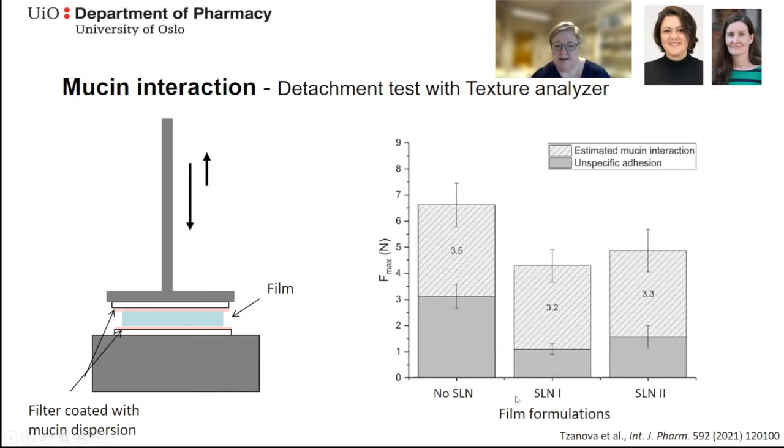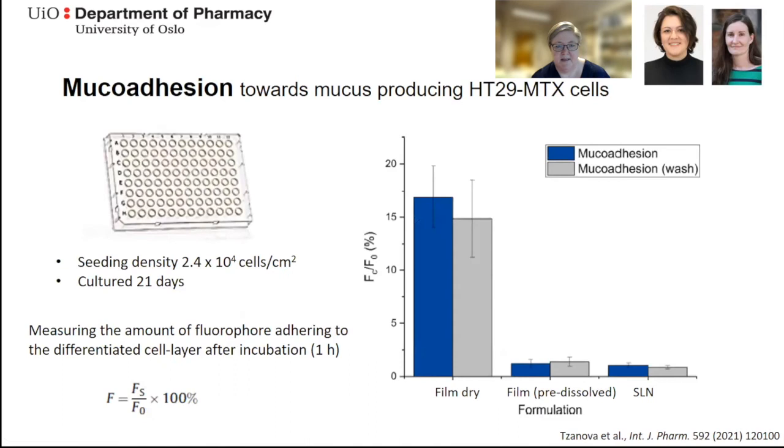So no impact on putting SLNs in the film on the mucin interaction. We also tried to study the mucoadhesion in a model where we had cultivated mucus-producing HT29-MTX cells in 98 well plates.